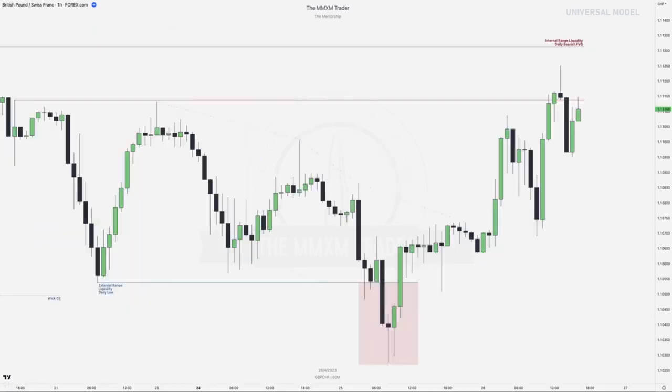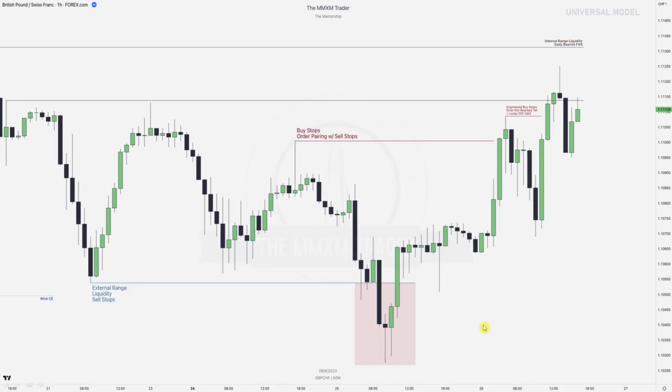Going into our intermediate term perspective, we know our long-term perspective, we have that internal range liquidity daily fair value gap. On our intermediate term perspective, we got all these failure swings, right? So we know where the liquidity is resting. So we have our bias confirmed after we break structure, right? So we need this external range liquidity purge, and then we wait for that break of structure, right?